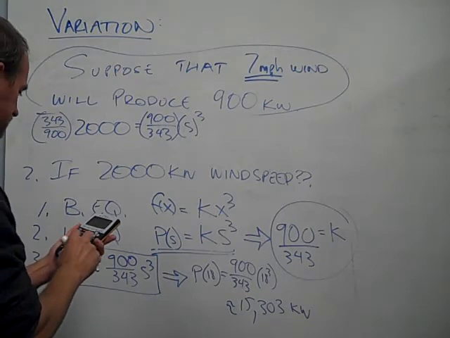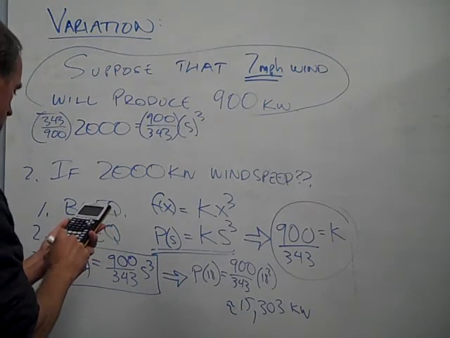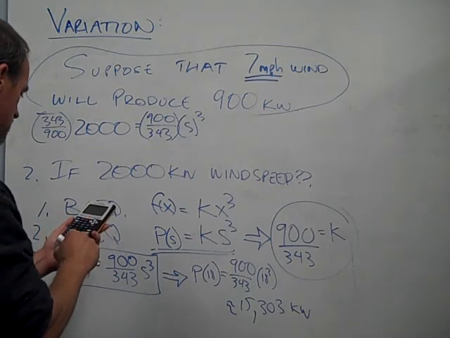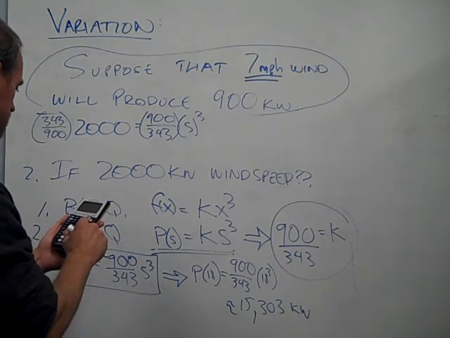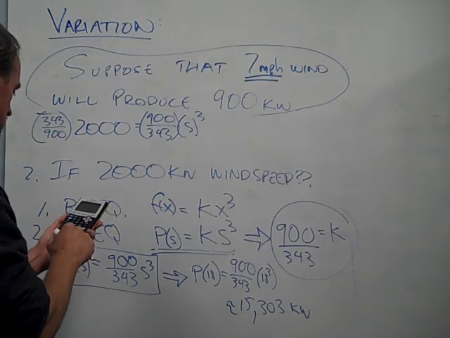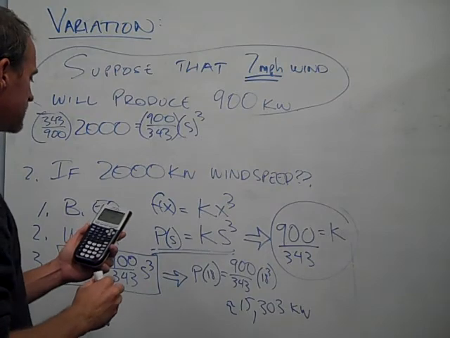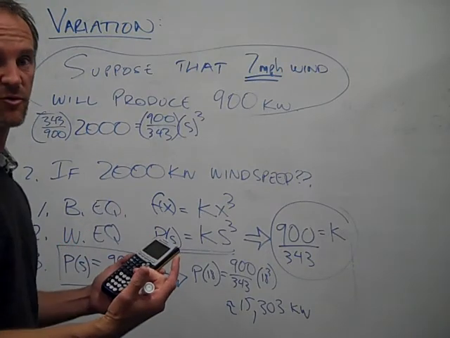So I can do that really quickly. I get 2,000 times 343 divided by 900, and I get 762, and then I need to take the cube root of that.